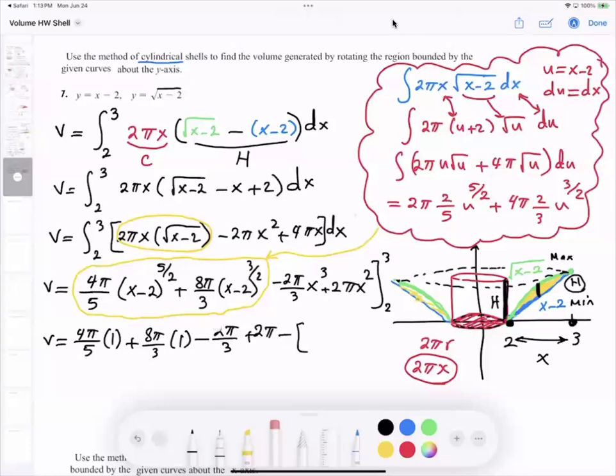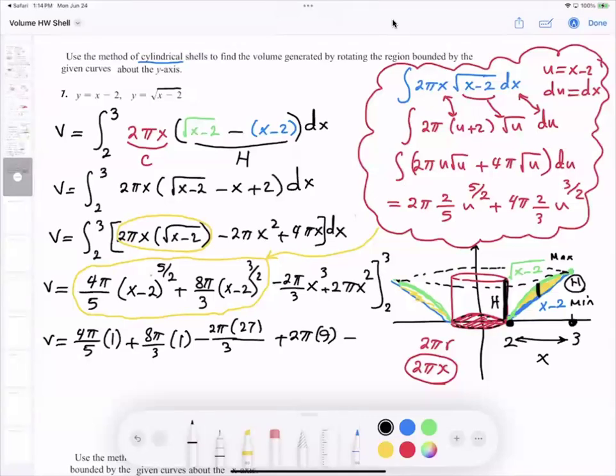My bad. So we get 27 times 2 pi, and then let me write the whole thing down, plus 2 pi times 9, minus, now let us plug in 2.